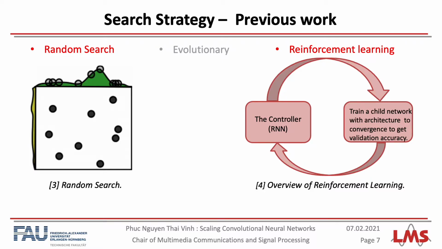From that, we get a very high validation accuracy, and then they feed back the validation accuracy, the accuracy evaluated on the validation set, to the controller, which uses it to generate a new architecture with higher performance.